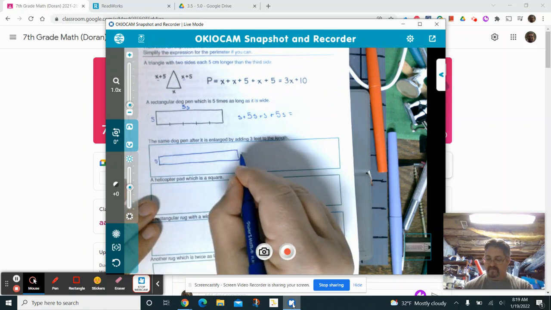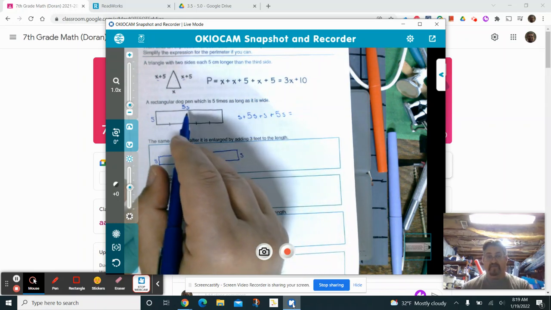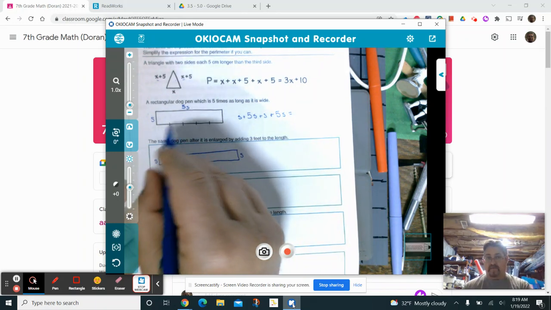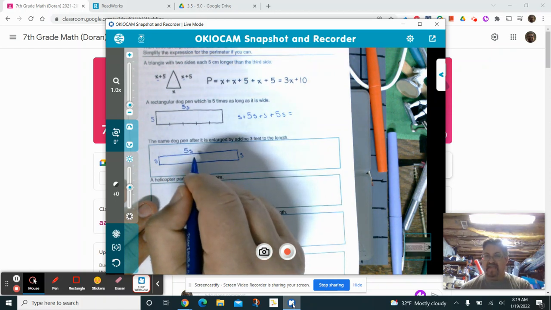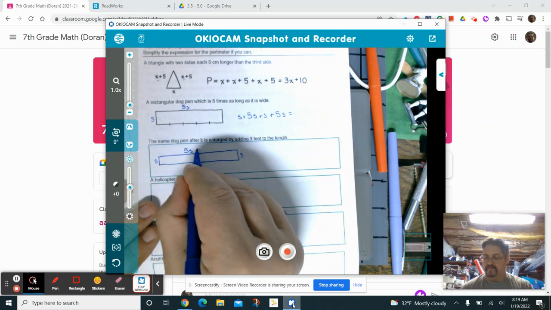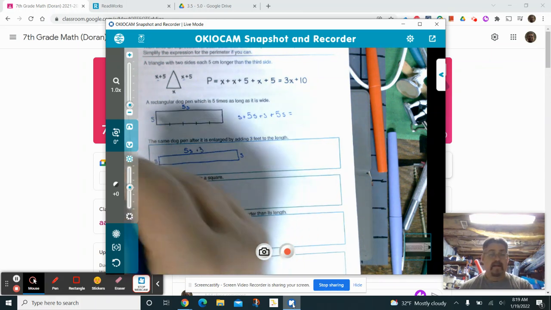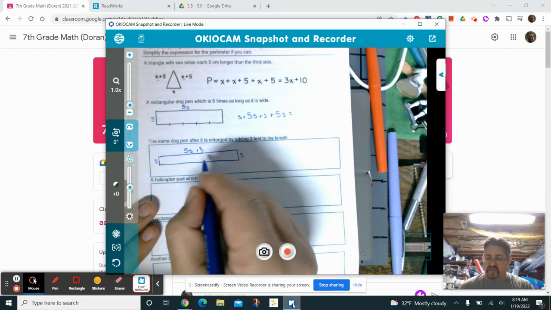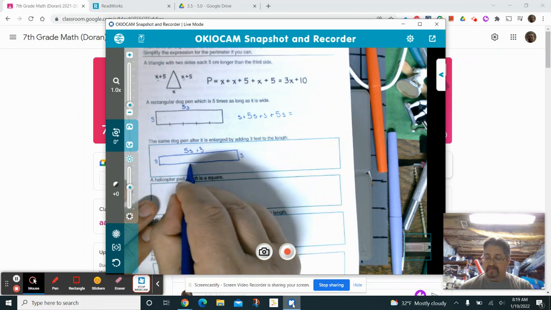Still S. And this, we had the 5 times the length, right? But then they added 3 more feet to it. Can they do that? If they have the right building permits, yes. But that's all we have to do to change it. But remember that this side is still the same as this side.